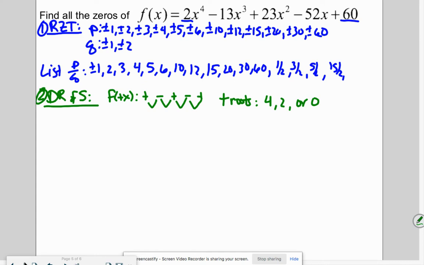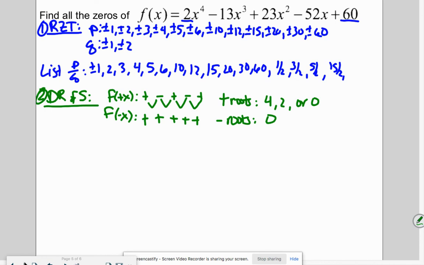All right, f of negative x. We stay positive, turn positive, stay positive, turn positive, stay positive. There's none. So there's 0. So negative roots are 0. So that's helpful. So that huge list has gone down by half now because none of the negatives are a possibility.